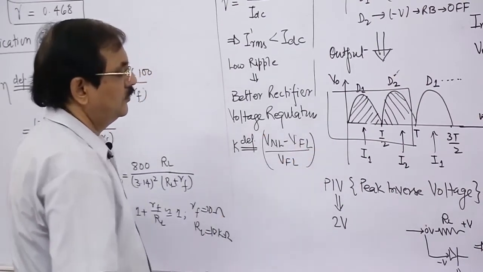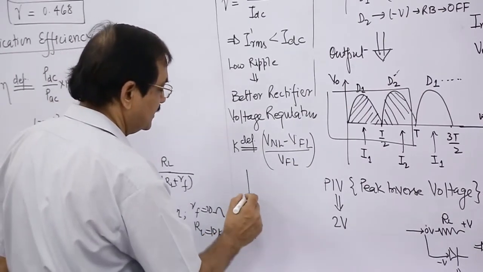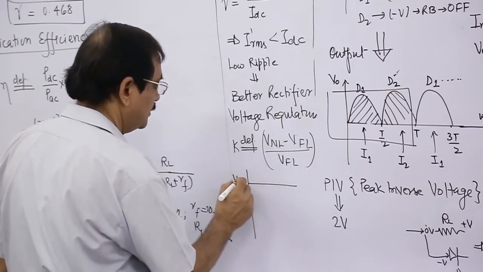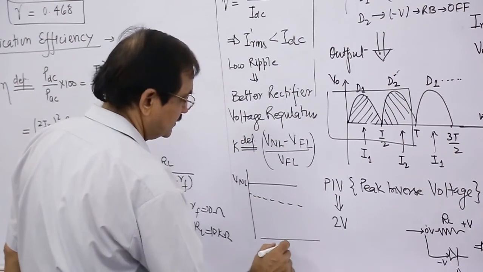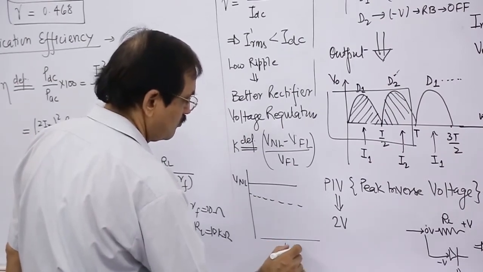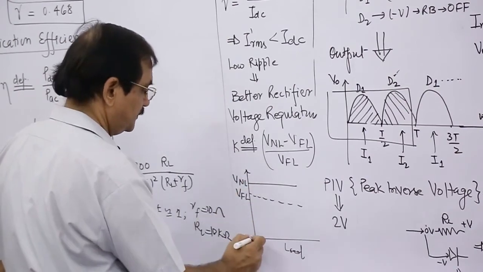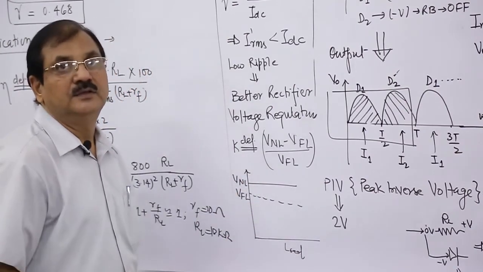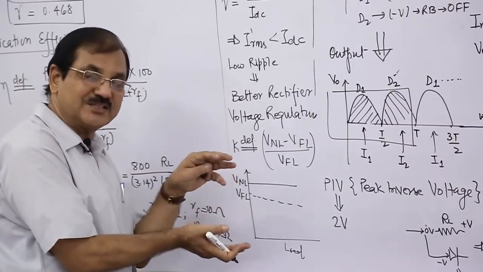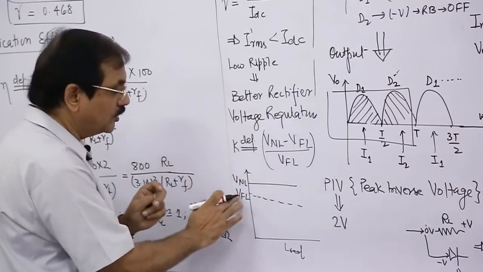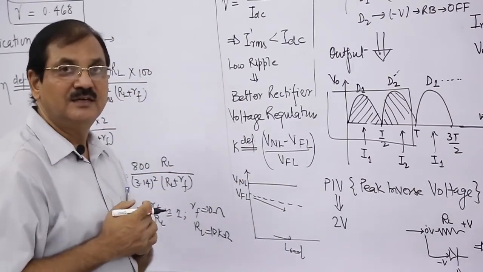Here this is V no load, and here it is V full load. This is the common sense of the voltage: when the load increases, this voltage will decrease.